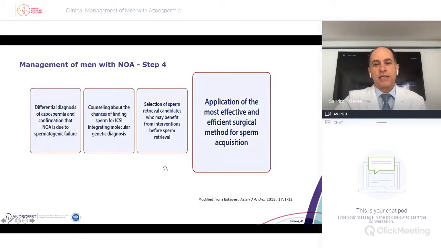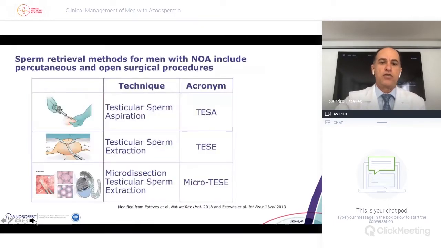So after providing the patient with the interventions we discussed, hormonal modulation and varicocelectomy, we need to apply the most effective method for sperm acquisition. So for patients with non-obstructive azoospermia due to spermatogenic failure, we can offer these patients testicular sperm retrieval methods.